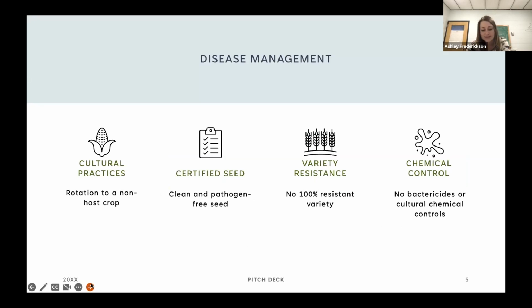A little bit about the disease management, because there isn't much for the management of bacterial leaf streak. It can be a pretty hard disease to control. Cultural practices, meaning rotation to a non-host crop, is a good option for ridding your field of BLS infection.